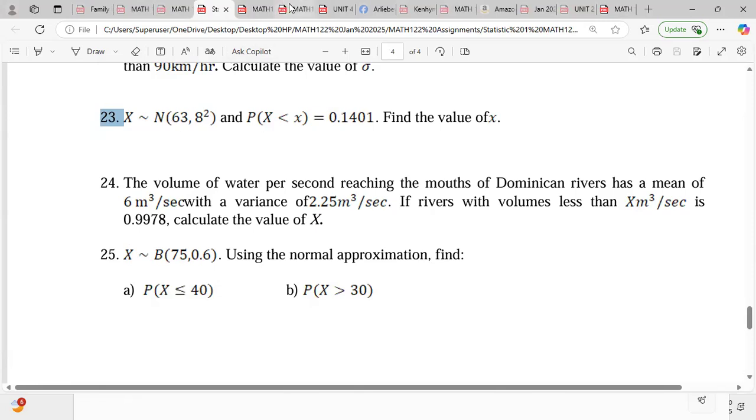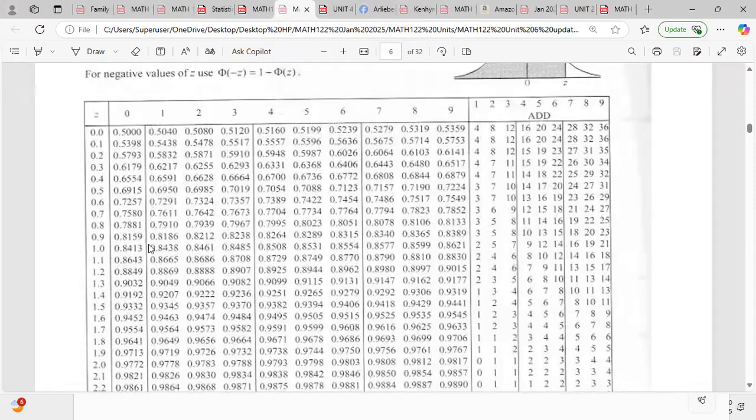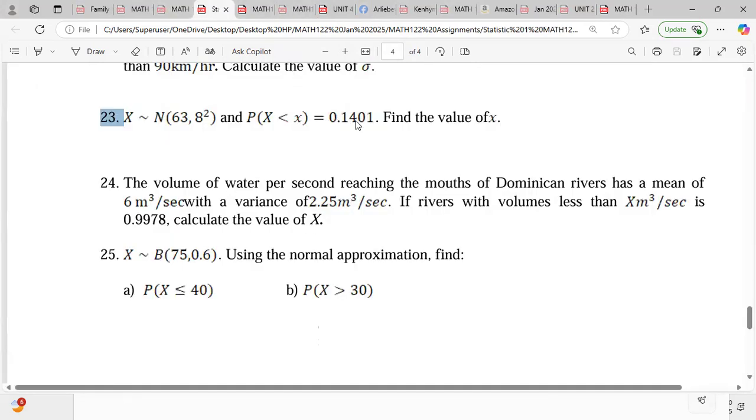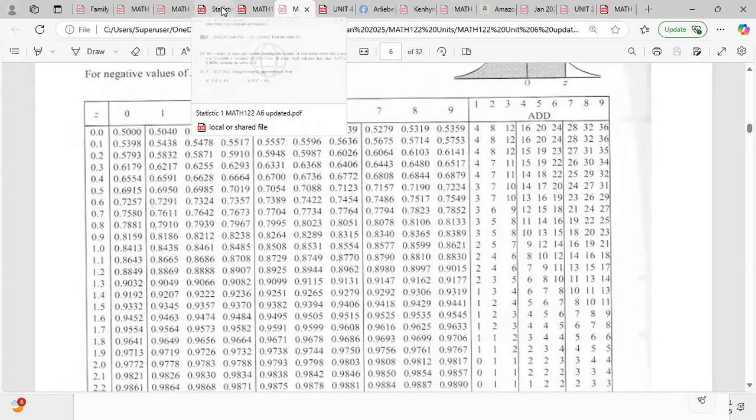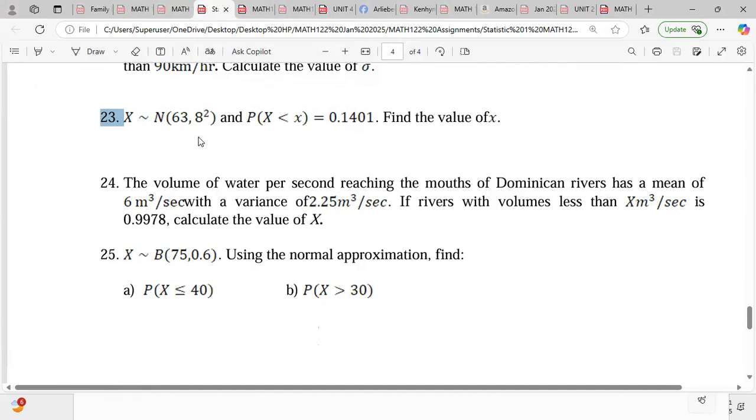Now, this table is not calibrated for negative z's, but remember we're in a left tail. So after you subtract 0.1401 from 1 and you go into the table and get your z, you've got to put a negative sign by the z, so that when you do your algebra, you'll be getting a value smaller than 63, because this is a left tail.